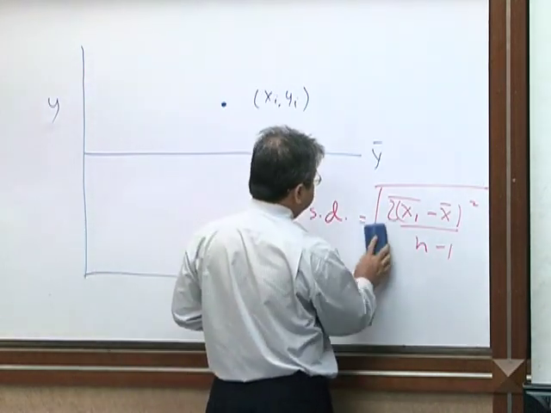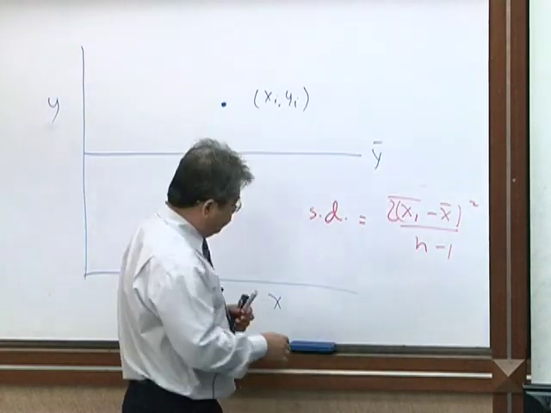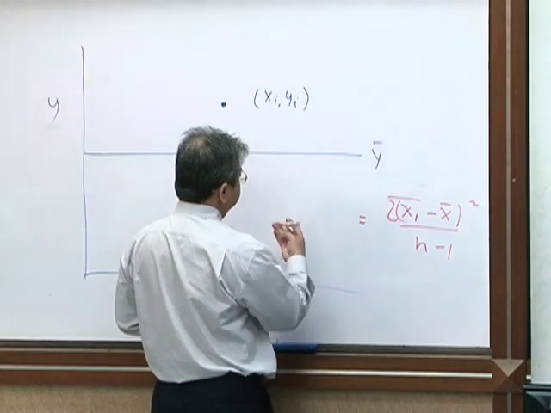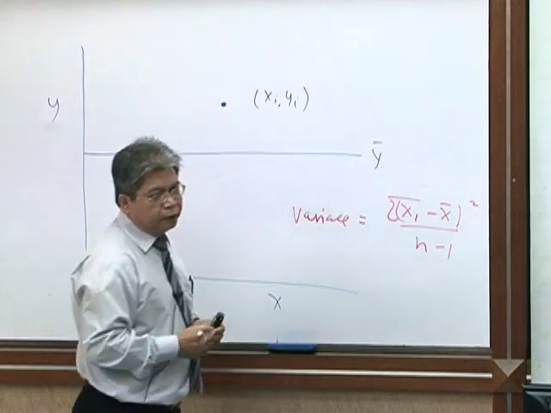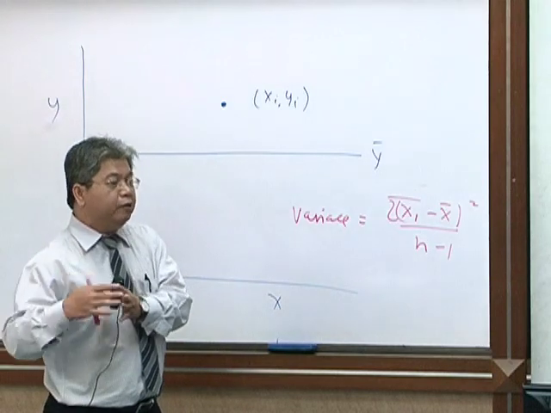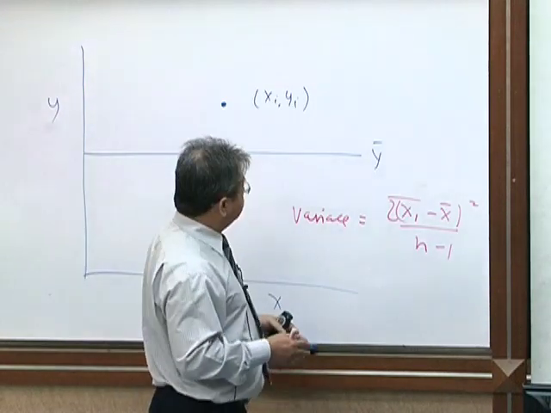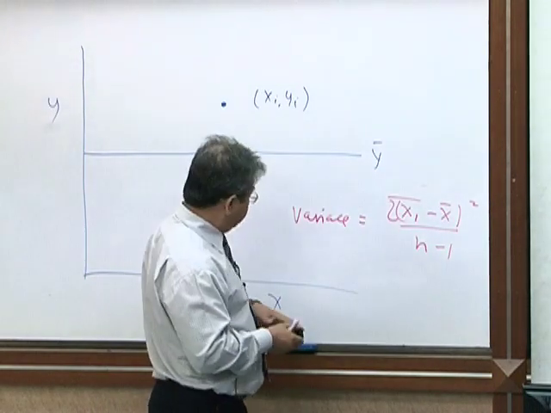That is your variance. You can add up values of variance so that you can get total variance. So variance is just the square of standard deviation.